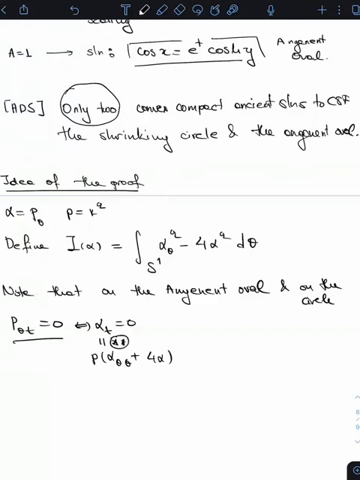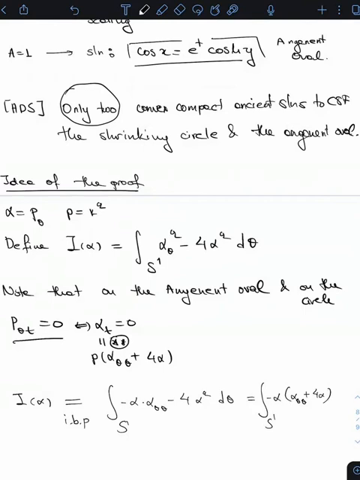And therefore, when I look at I of alpha and I apply integration by parts on the first term, I'm going to get the integral of minus alpha times alpha theta theta minus 4 alpha squared d theta. And now this is minus alpha theta theta plus 4 alpha.